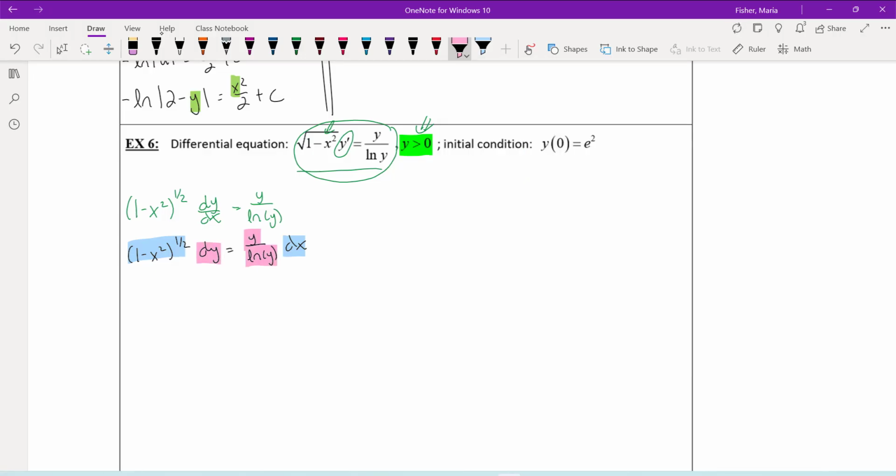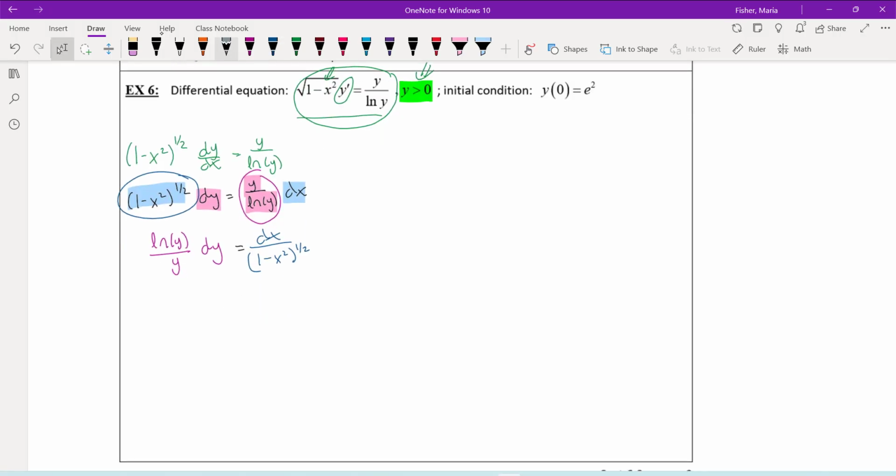So I need to multiply by the reciprocal of this guy, so we get the natural log of y over y dy, and that's going to equal, dividing by this guy, dx over 1 minus x squared raised to the 1/2 power. Well, now we can integrate both sides because we've separated our variables.